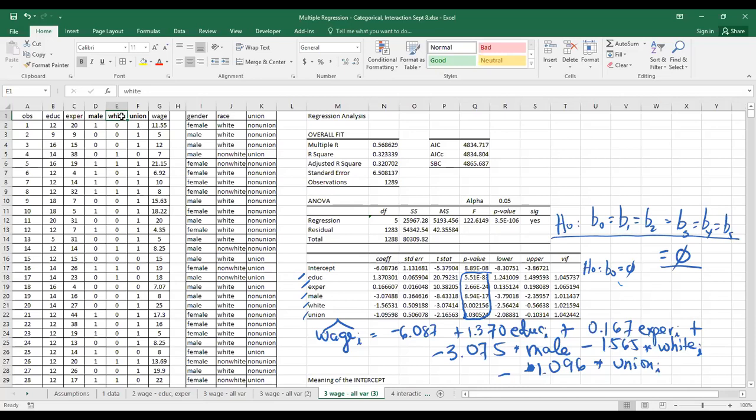Kasi ang ginawa ko, yung white dito, 0 siya, di ba? Okay, tama. Tama pala. White 0. Ang benchmark natin dito is si male yung 0, si white 0, at saka si union 0. Right? Yes, sir. Tama guys? So, yung male natin, itong dummy variable natin, 0 to, di ba? Pag 0 to, guys, sino yon?